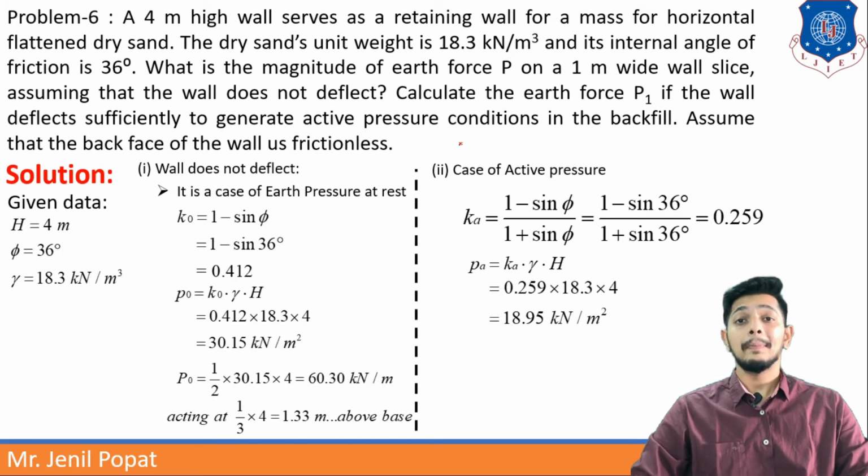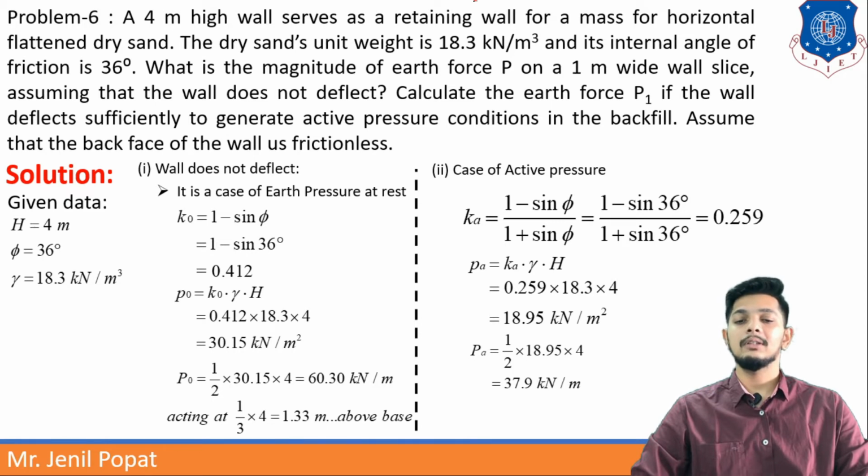Now I got the pressure. I want to find out the pressure force. So the area of the triangle will be 1/2 base into height. The base will be the pressure. So I am taking 1/2 into 18.95 into height 4 meter.